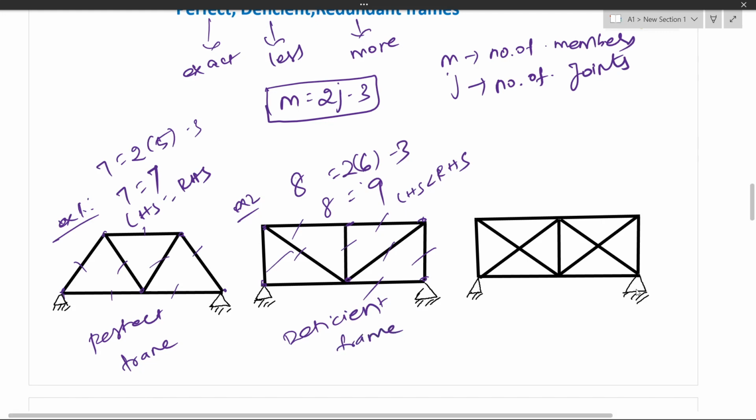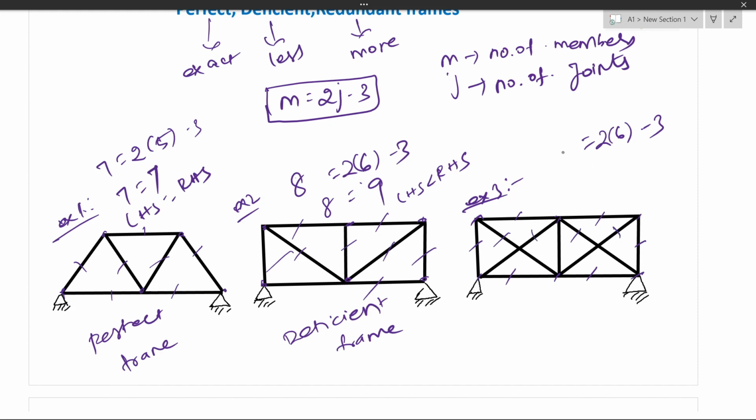And if you look at example 3, you can find 1, 2, 3, 4, 5, 6 joints, and members would be 1, 2, 3, 4, 5, 6, and 7, 8, 9, 10.